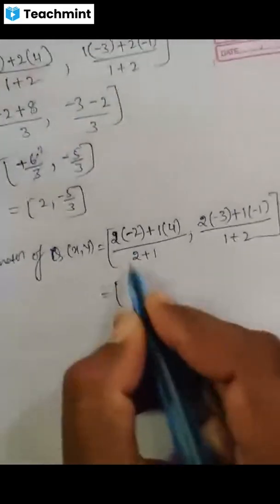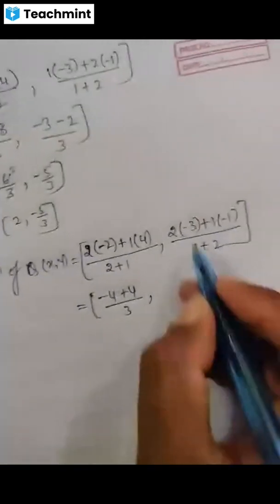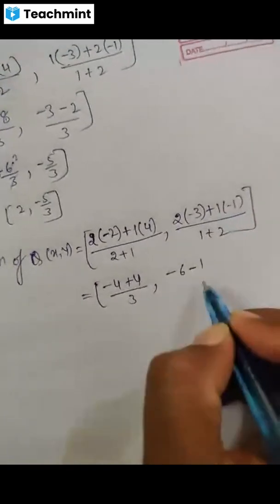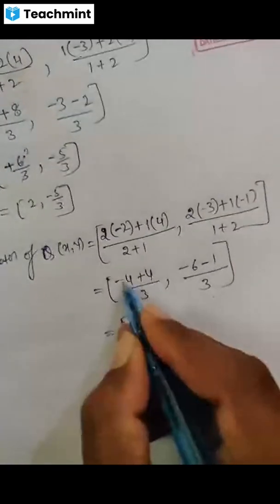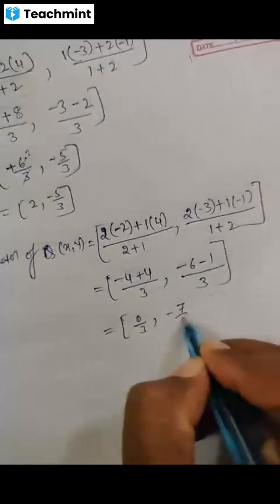So this is equal to 2 twos are minus 4 plus 4 divided by 3, 2 threes are minus 6 plus minus 1 divided by 3. So this is equal to minus 4 plus 4 is 0 divided by 3, minus 7 divided by 3.